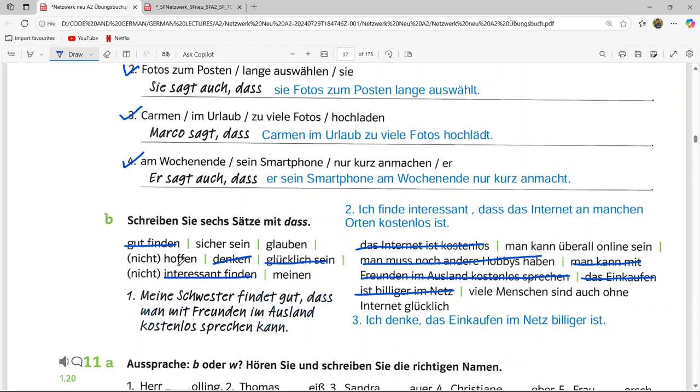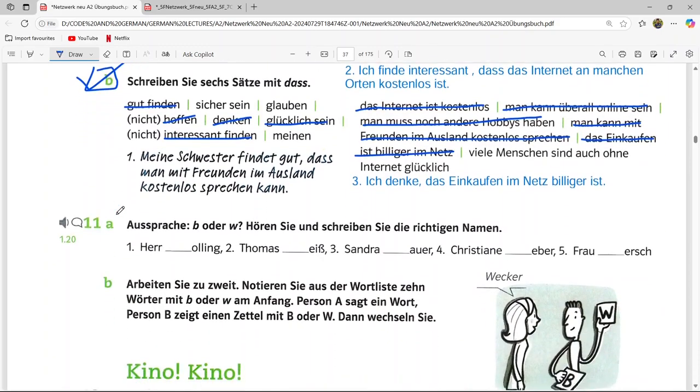Okay, we can use this one, hoffen, and this one, man kann überall online sein. So meine Freund hofft, dass man kann überall online sein. Man überall kann online sein, like this. So you can make sentences. Okay, so we go down, solve the next one.